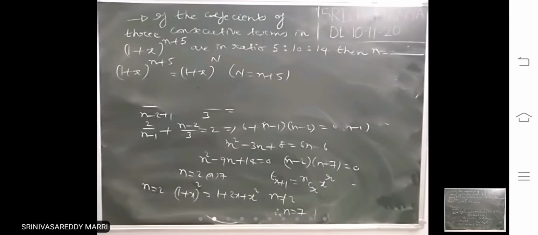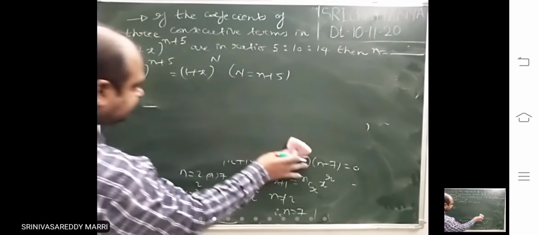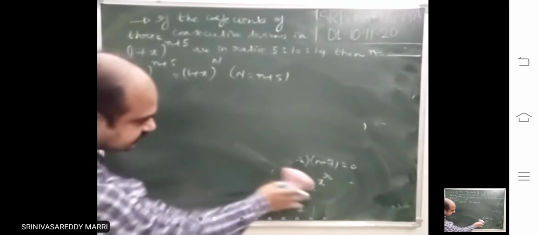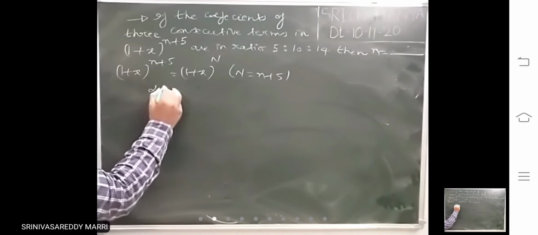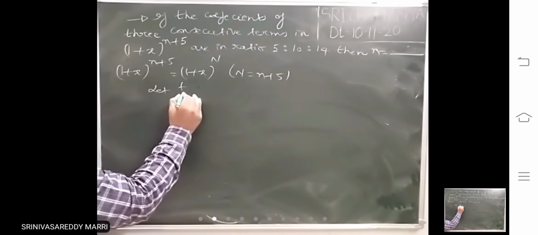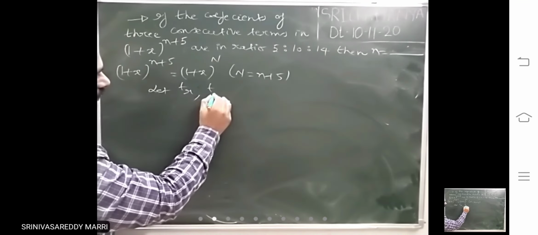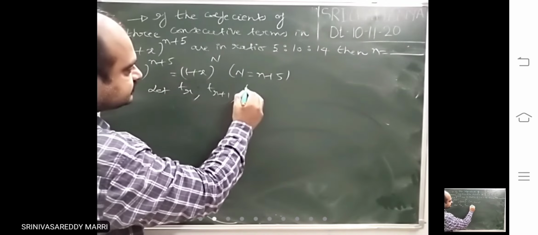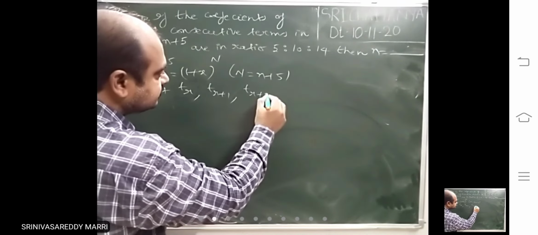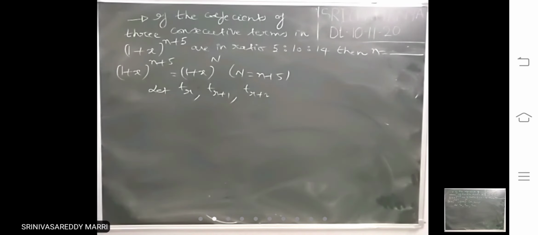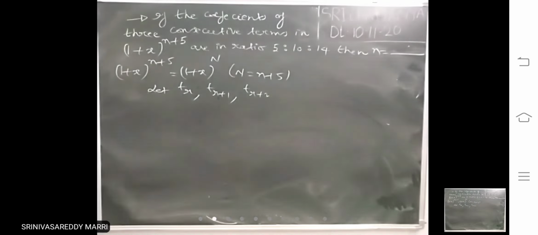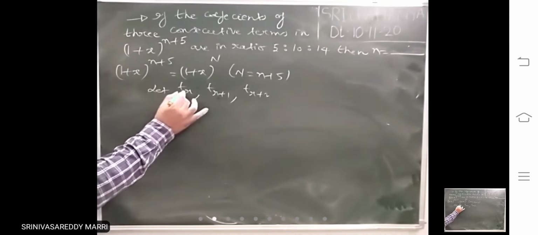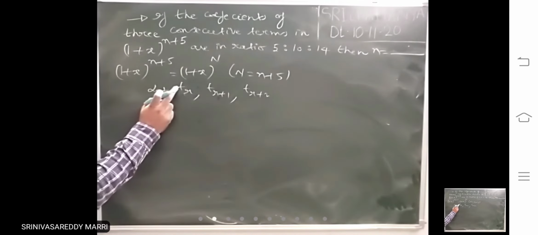So three consecutive terms, let us take like this. Let three consecutive terms be T(r plus 1), T(r plus 2), T(r plus 3). So coefficient of this term, coefficient of this term, coefficient of this term.